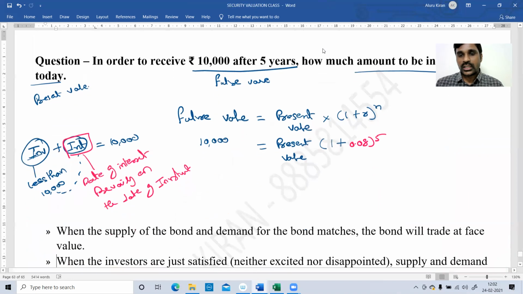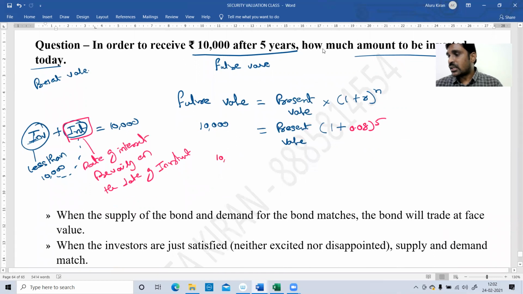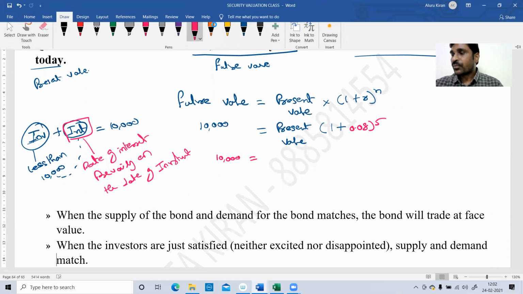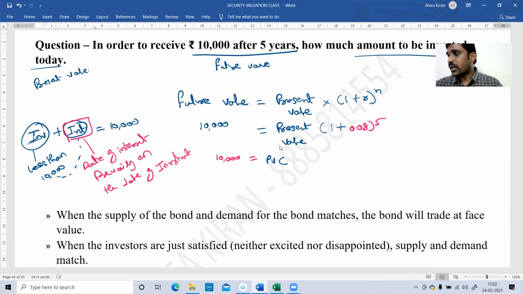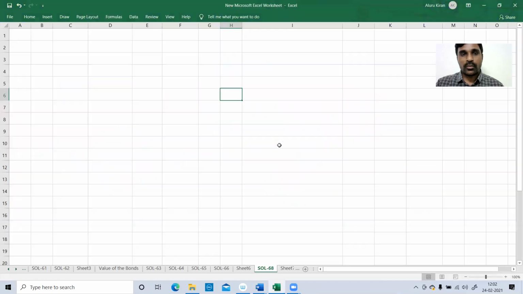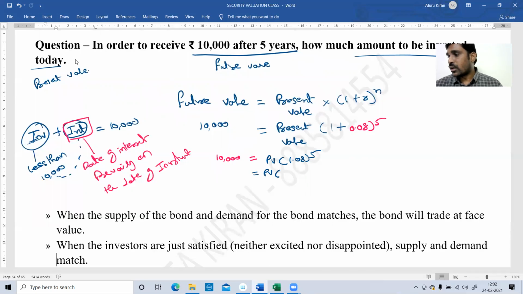Therefore, 10,000 is equal to present value into 1.08 to the power of 5. 1.08 to the power of 5 is 1.47. So 1.47 times present value is equal to 10,000.